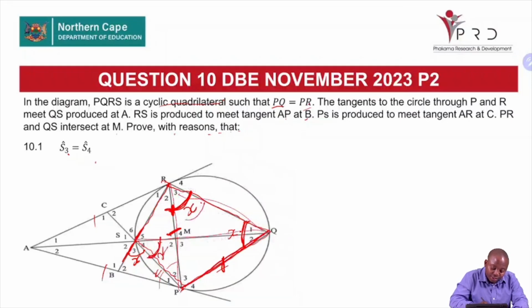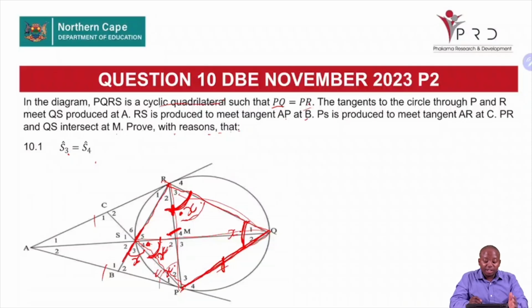This is also x. I'm just going to make a dot to show that those are also equal. We can populate the diagram to have all the x's that we can find. This is tan chord, we can have that as x again. So those are the things that we can do.